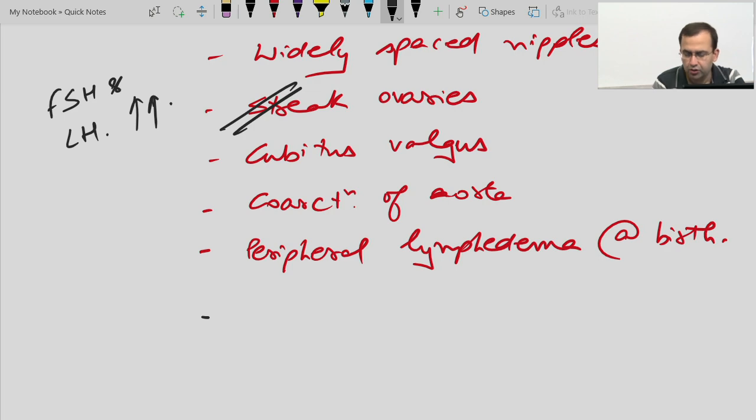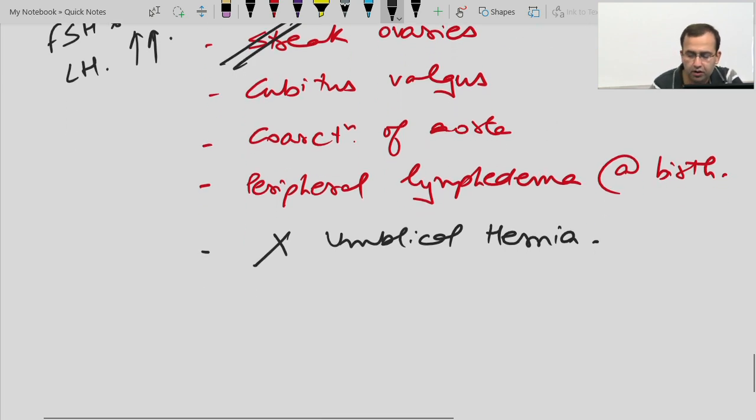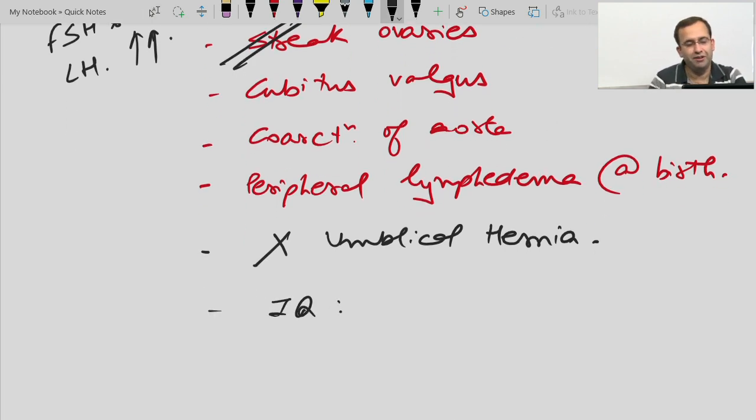Next point, another question that has repeatedly been asked with Turner's is that it is not associated with umbilical hernia. This again is important. Next point, IQ. On a lighter note, the more the number of X chromosomes, the lower the IQ.